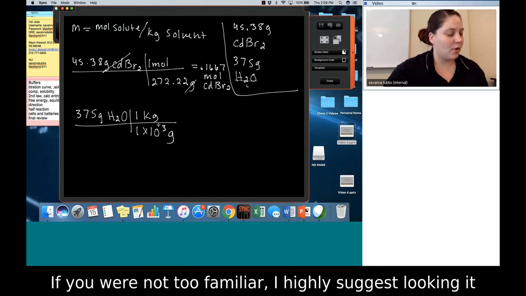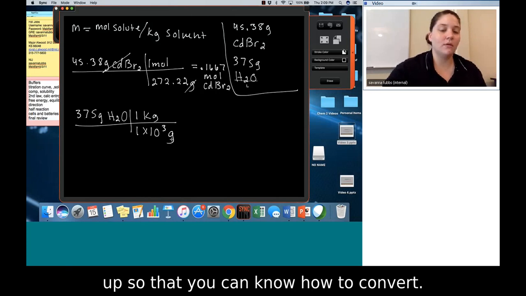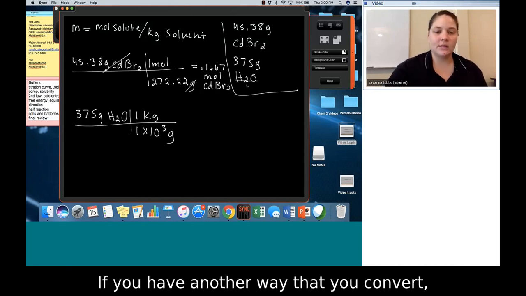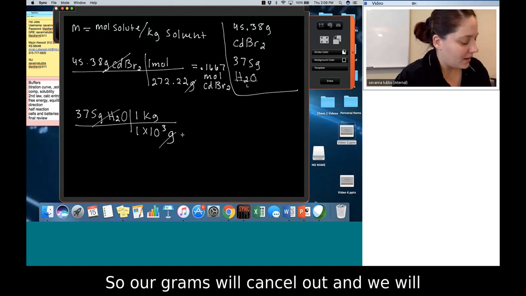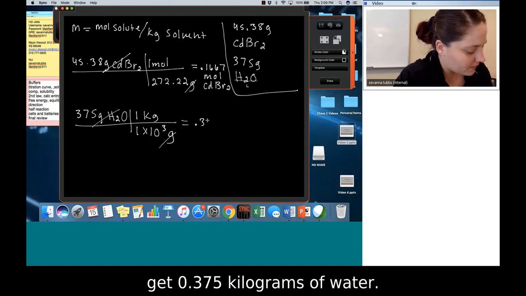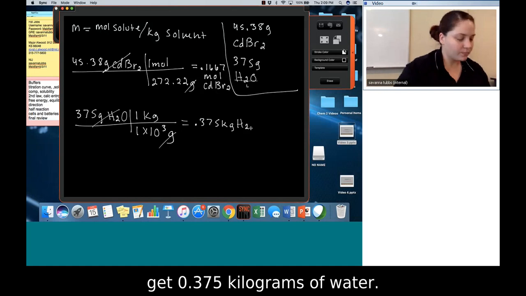If you were not too familiar, I highly suggest looking it up so that you can know how to convert. If you have another way that you convert, you can use that as well. So our grams will cancel out, and we will get 0.375 kilograms of water.